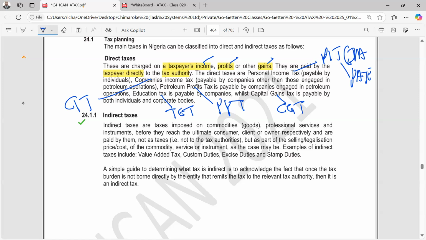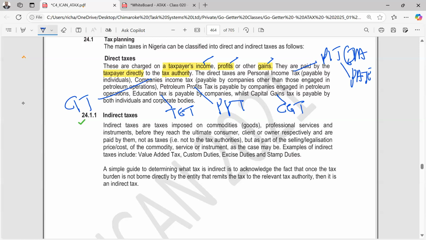So they are not paying it directly, they are paying it indirectly, in two ways. One, they are not paying it as though they are paying taxes; they are paying it as though they are buying a commodity, with this forming part of the selling price. And they are also not paying it directly to the tax authority; they are paying it through middlemen.